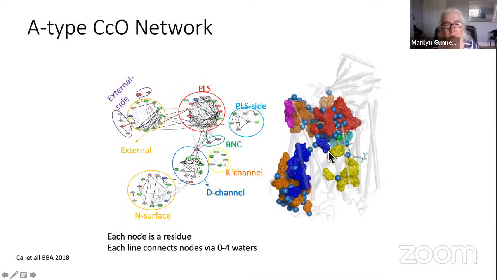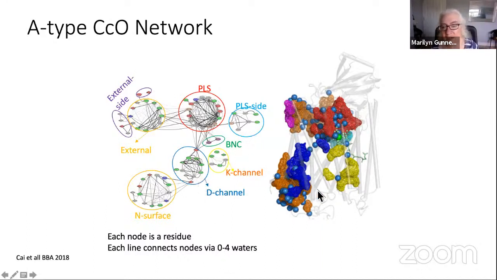So what we see is this network analysis, and each one of these dots is a residue. It's usually an amino acid, but can be a propionic acid on the hemes. Each line is a connection between 2 residues that can be direct, but also can be through 1, 2, 3, or 4 waters.